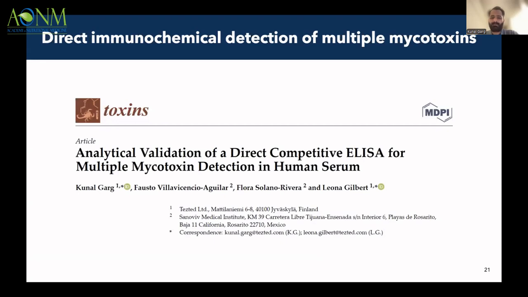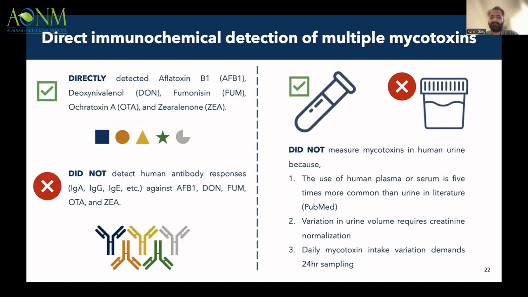So most of what we do, we try to publish. And of course, in 2022, we published our multiple mycotoxin detection in human serum. This is an open source paper if you would like to read it. But I will just go through some of it. So again, just to make clear, we are directly detecting the mycotoxins and we are not detecting the IgM, IgG, or IgE responses.